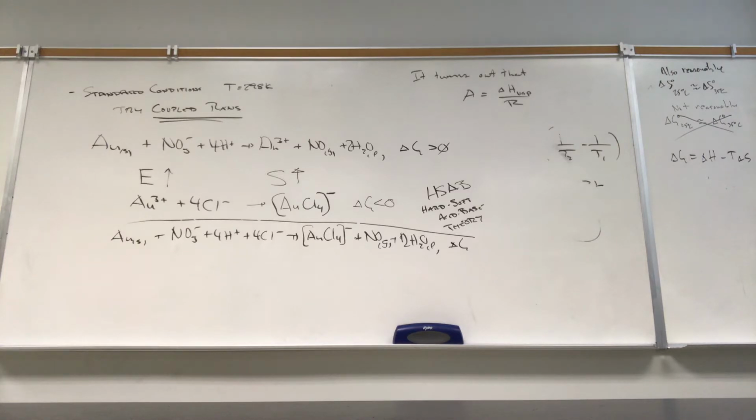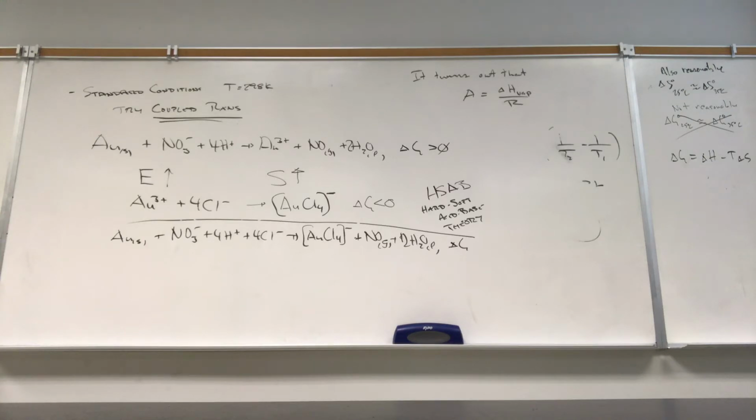What's that called? Copper 1 oxide. And this is the symbol for heat. Heat it up, it goes to copper metal and oxygen gas. Take a look at the delta G there.